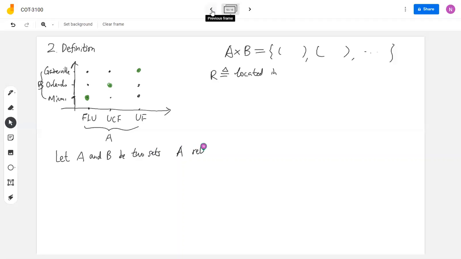We say a relation R from A to B. Sorry, I don't want to say two sets, it should just be sets, because A and B can be equal.